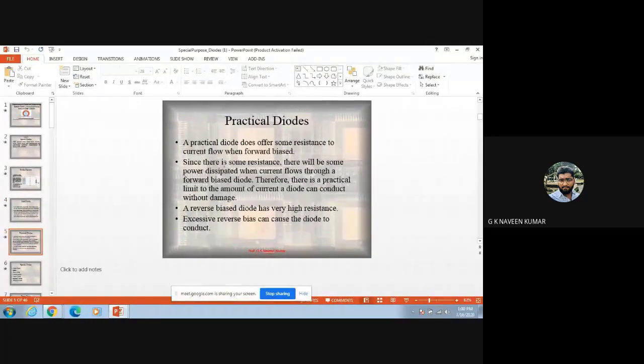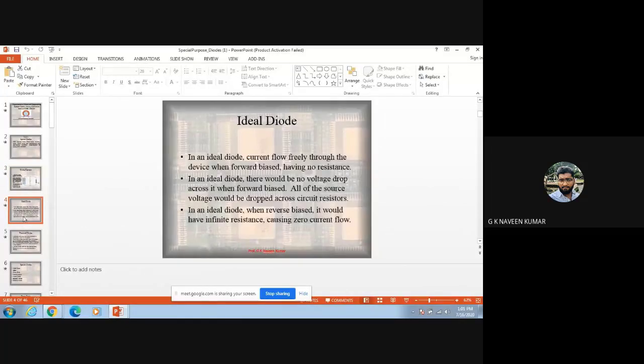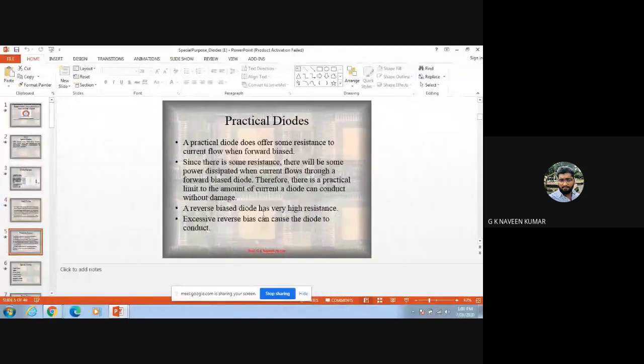And the practical diode, which we discussed in the previous PPT. Practical diodes are those like silicon or germanium, which are available practically, having certain forward as well as reverse voltage. In reverse bias the ideal diode has infinite resistance, whereas the practical one has high resistance.